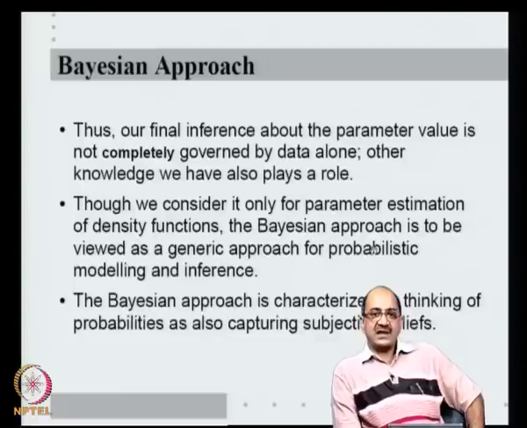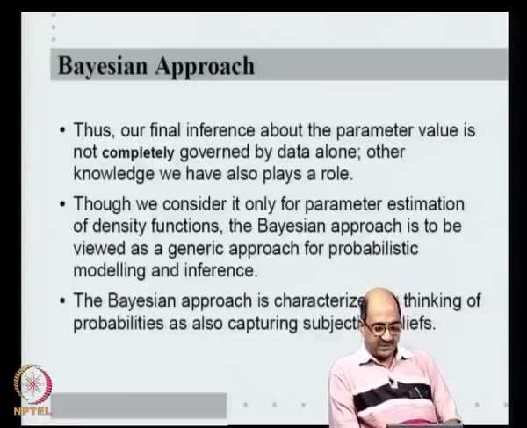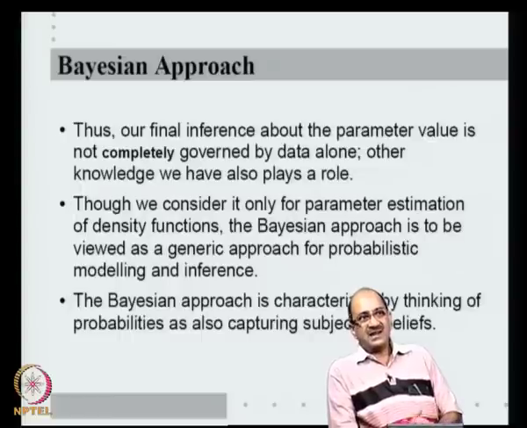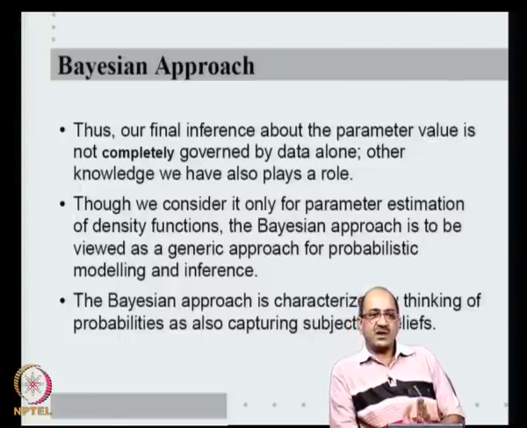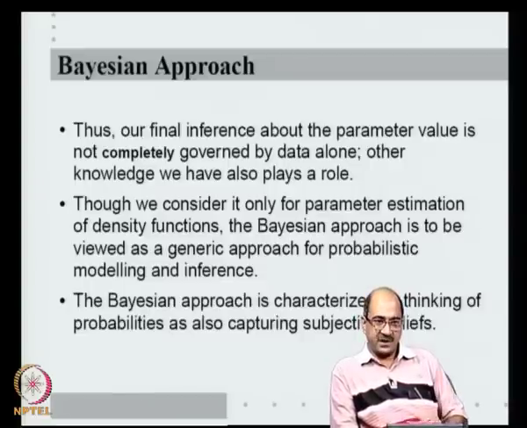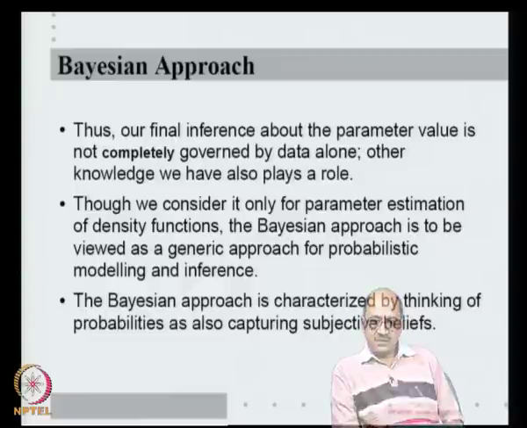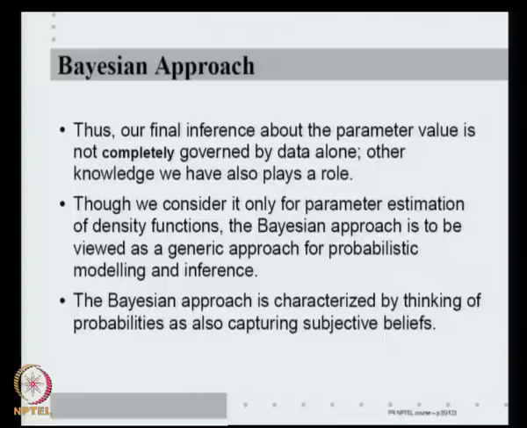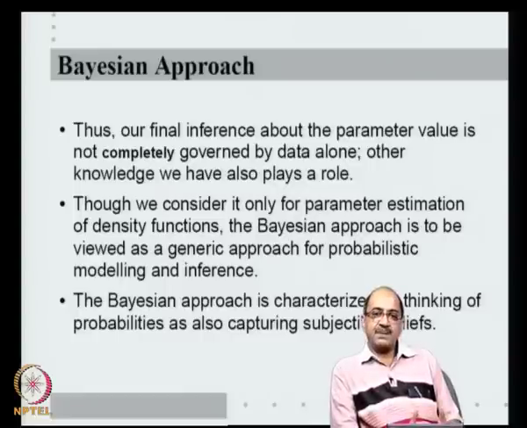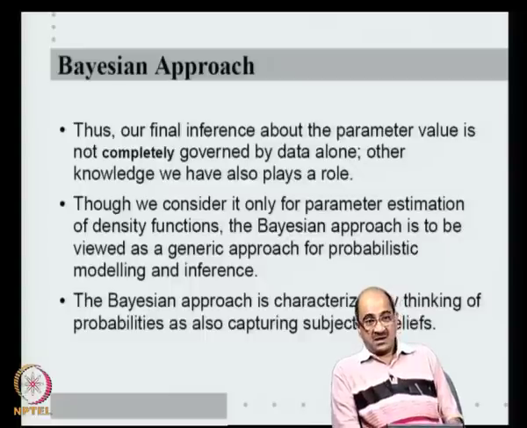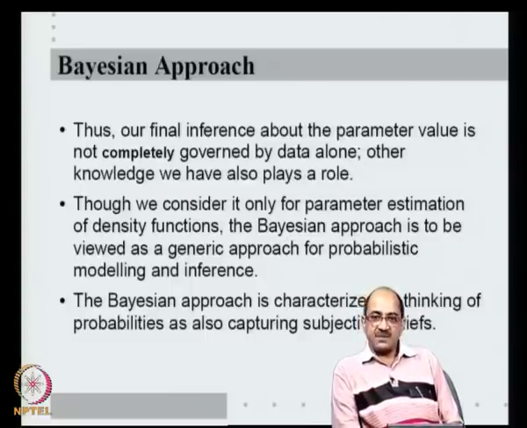The approach is characterized by thinking of probabilities as also capturing subjective beliefs. We can broadly distinguish between what can be called a frequentist approach to probability versus what is called a Bayesian approach to probability. In a frequentist approach, we think of probability as a limiting value, the fraction of times an event occurs if I repeat a random experiment. There are a lot of things which we loosely talk about in probabilistic terms, which are not really that kind of repeatable random experiments.